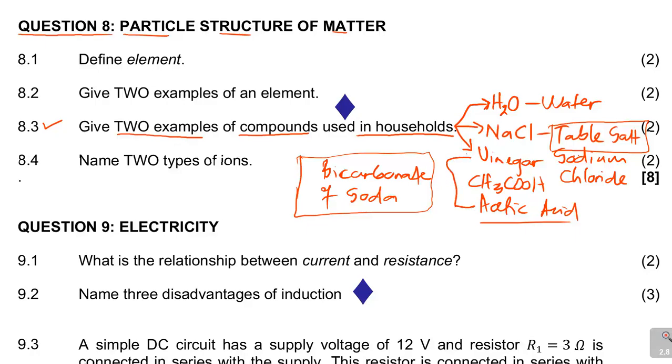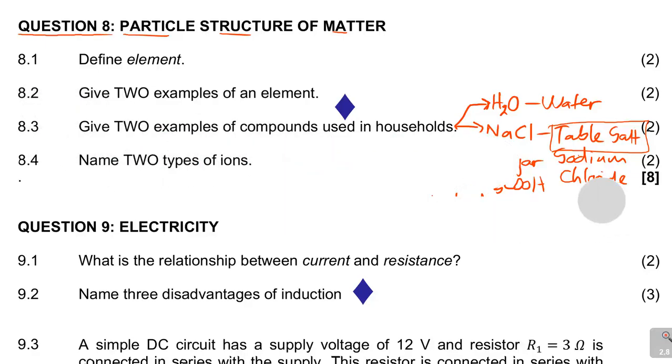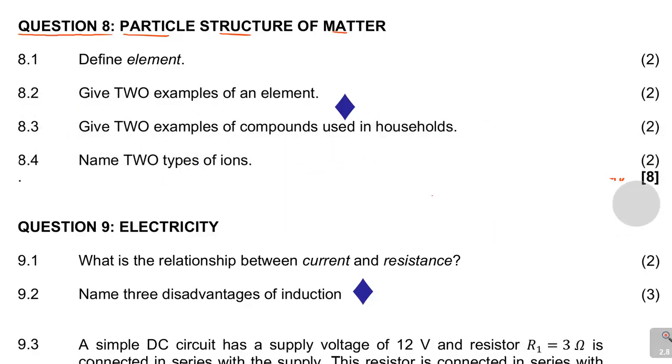But I think they will give you the mark even if you say vinegar. Vinegar is the trade name, acetic acid is the actual name of that compound. So that is that. You get 2 marks for that. These are just simple examples that you always use to take care in chemistry. They are such simple questions, but they can cost you marks.